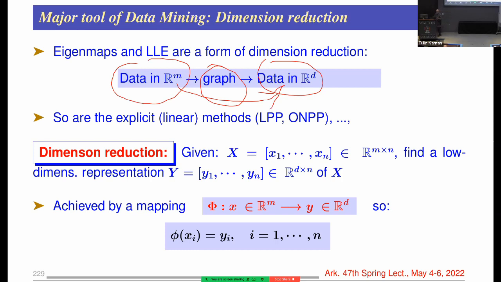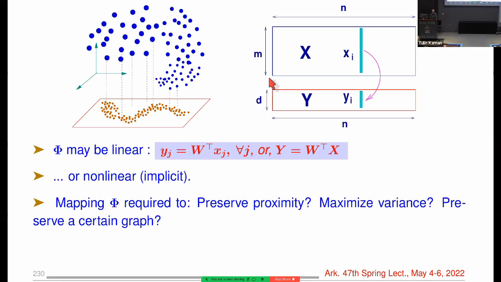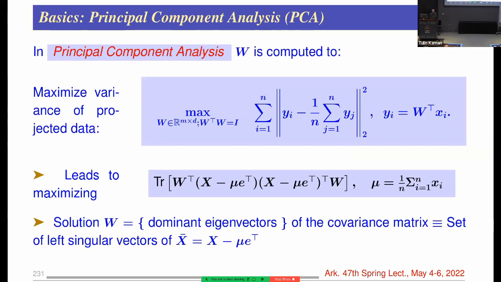The dimensional reduction here aims at preserving essentially similarities or whatever. So this is generally what we do. And then I talked about linear and implicit mappings, standard explicit or implicit mappings. This is what I just talked about.